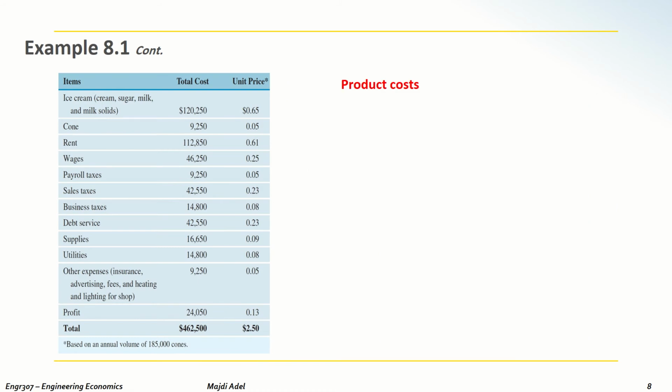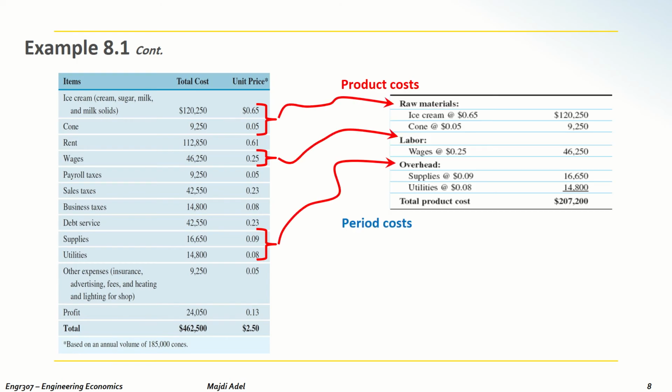So, product cost: every manufacturing cost is classified as a product cost. We have direct material, ice cream and cones. We have wages, direct labor, and we have manufacturing overhead: supplies and utilities.